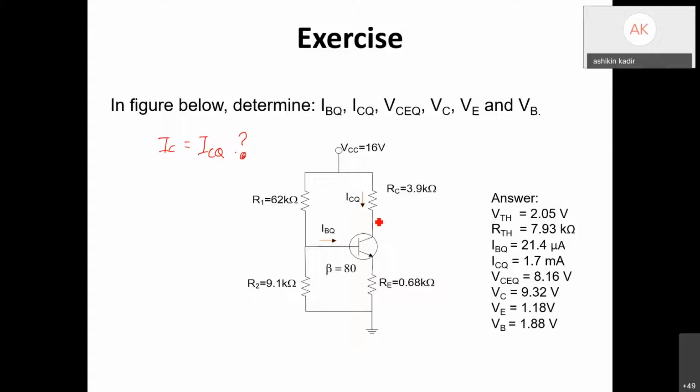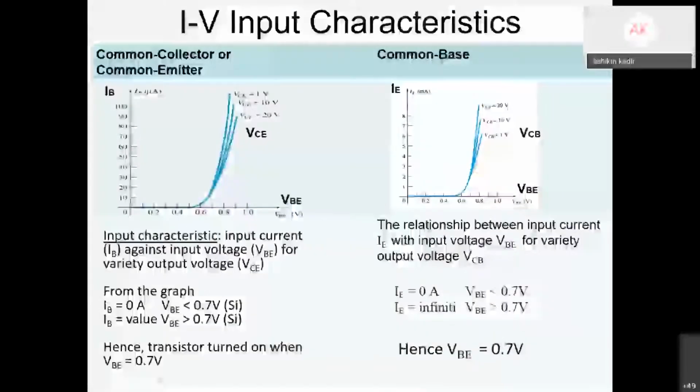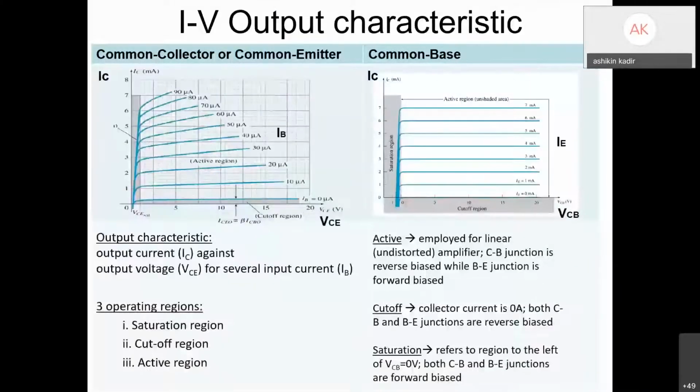Also, in your case, you have the load line. I think there is a slide over here. So there is a load line over here, IC and VCE. Here the IC will vary, so we ask whether the IC that we found is ICQ or not.